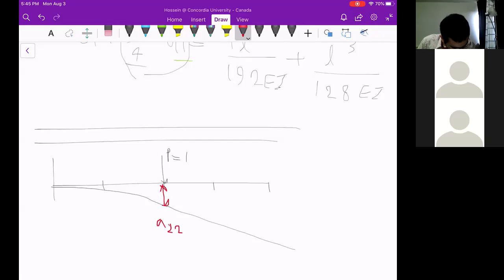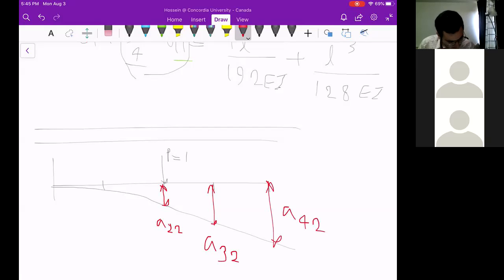A22 is the displacement at 2 due to unit force at 2. Then displacement at 1, at 3, and at 4 due to unit force at 2.